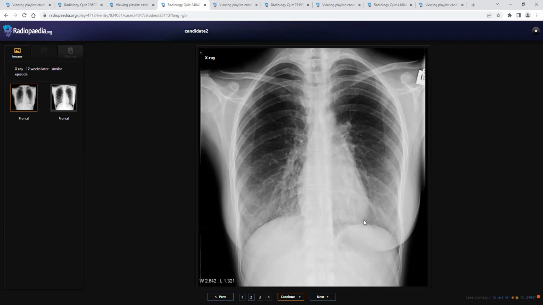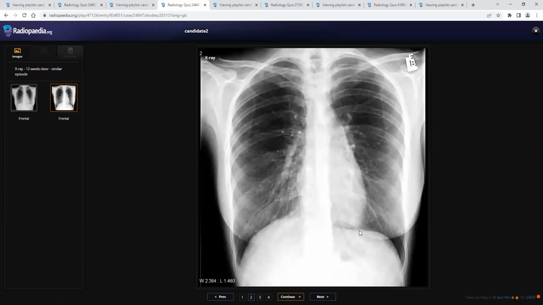Okay, so in this chest X-ray, now following the pneumothorax, I'm not clearly seeing the pneumothorax on this scan. And there are bilateral basal reticular shadows still seen.